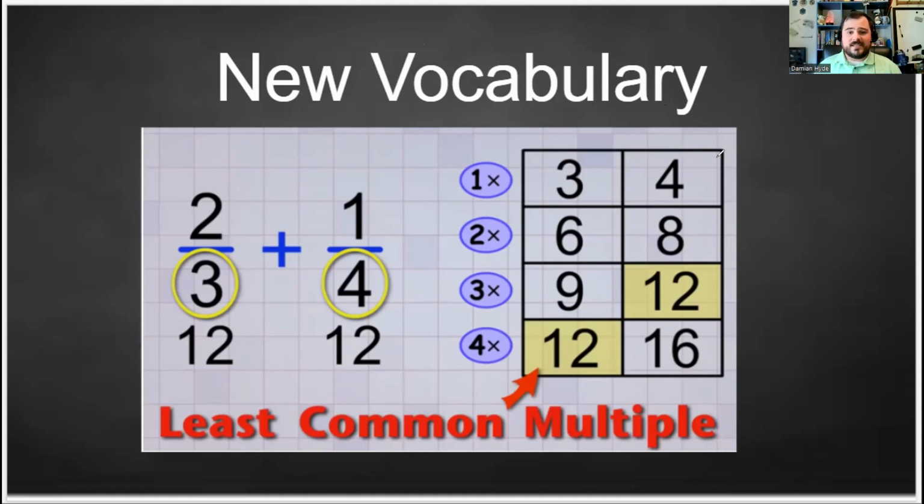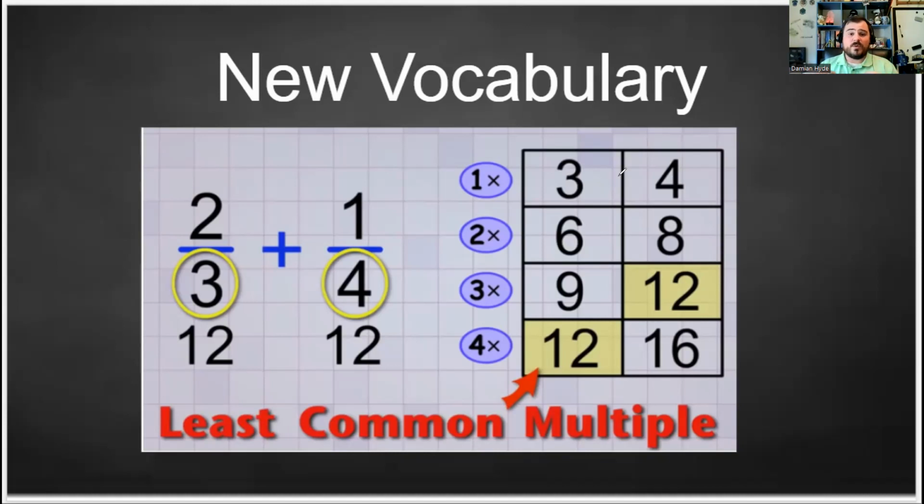So we go off to the side and make our list. 3, 6, 9, 12: 3 times 1, 3 times 2, 3 times 3, 3 times 4. And then do the same thing for the 4s. 4, 8, 12, 16. Ooh, we found a common one. 12 is in both lists.